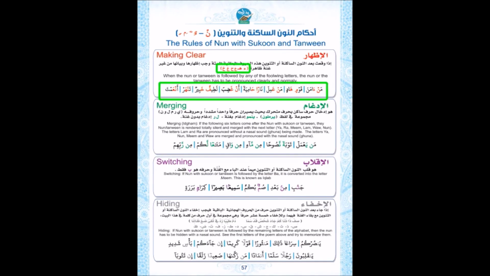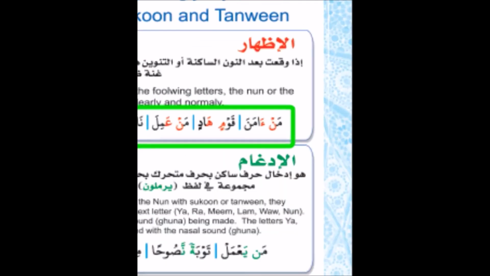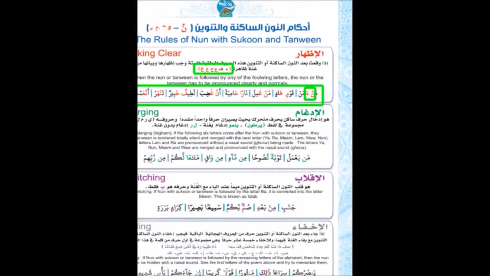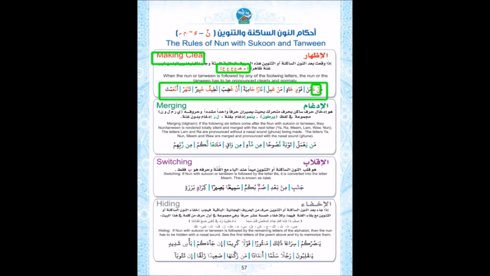So the student, by this time, is able to read 2 words without hesitating. We're just reminding them of a rule in between, as you can see in red. So man, amana. The student understands, make it clear with these letters: man amana, qawmin hadin, and so forth.